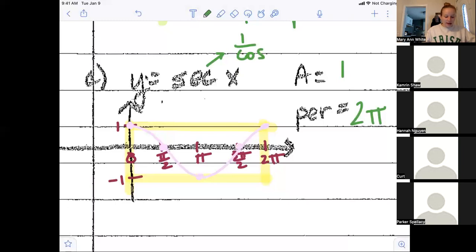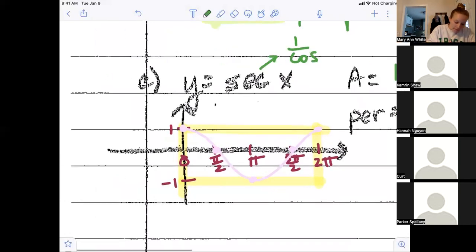Okay, so now I'm thinking secant is 1 over cosine. So we're looking at these important points and we're going to draw points on our secant graph from that. So the first one at 0, cosine is 1. So 1 over 1 is still 1. So this point shares the same as cosine. If that point shares the same, I also know 2 pi shares the same. Okay. At pi over 2, my point is 0.